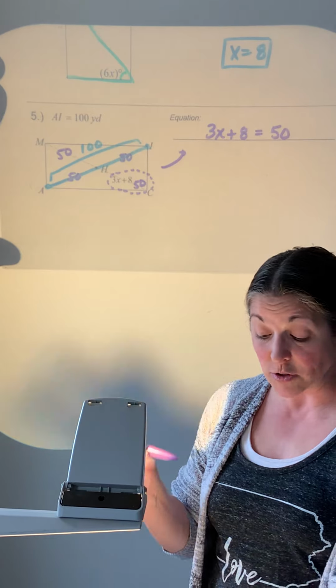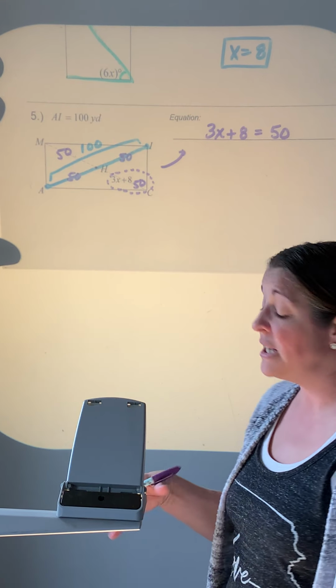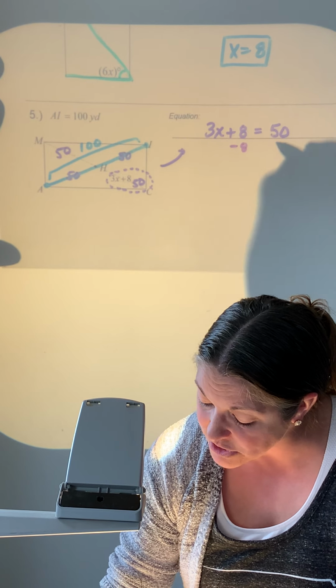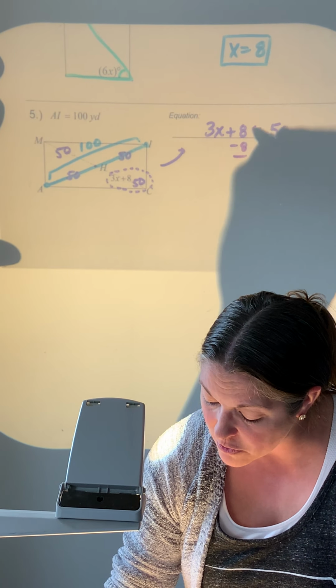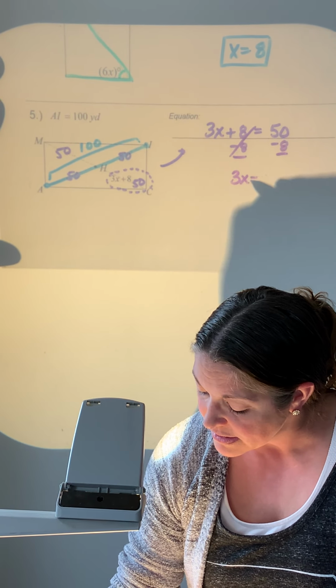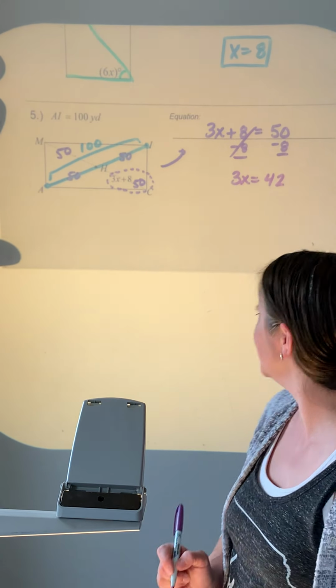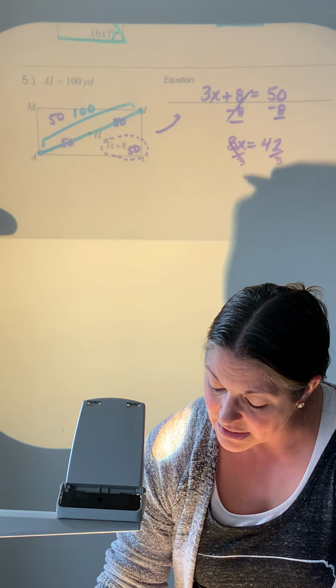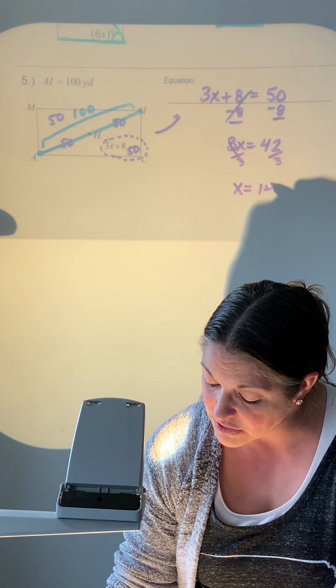Diagonals in a rectangle are equal, and that's why we're able to do this. Solving our equation, we'll move the 8 over to the right. That gives us 3x equals 42. Divide by 3, and that gives us 14.